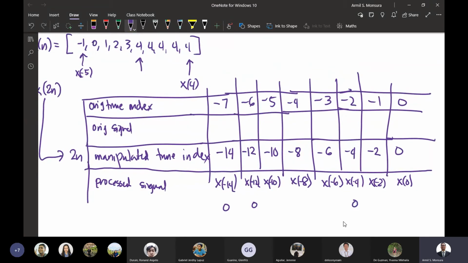Pero ito, x of negative 2, that would be 2. So, mapapansin nyo, between x of negative 4 saka x of negative 2, yung signal values na 0 at saka 2, in-skip niya tong 1 dun sa downsampled signal niyo. Di ba? Tama ba?